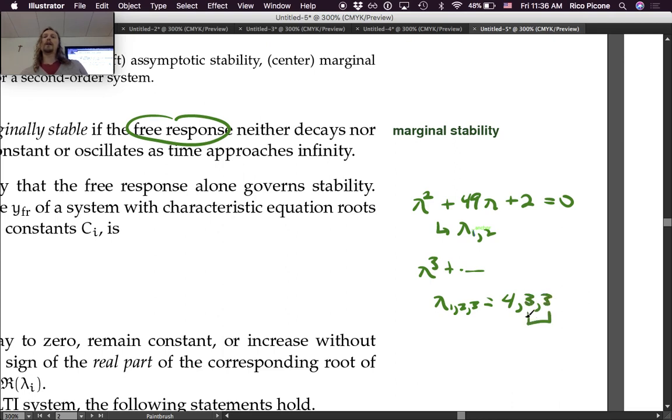Well, these two are equal. So we say that lambda equals 3 has multiplicity 2. If there's only one of them, which is the normal case, then lambda just has multiplicity 1. So 4 has multiplicity 1, 3 has multiplicity 2 in this case.